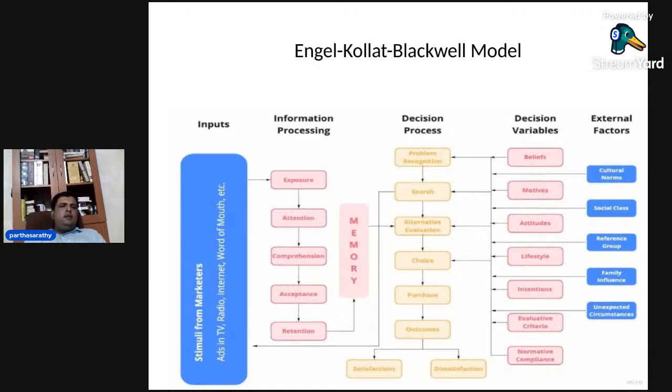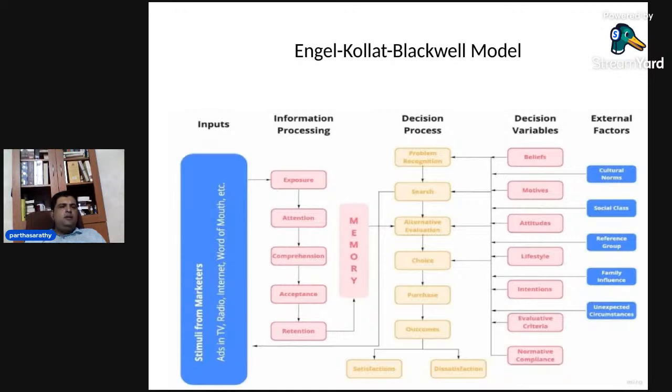For this model to be explained, one very important thing is the inputs. So, what are these inputs? Inputs are the stimuli. Stimuli is something which elicits behavior. When we are hungry, food is the stimulus.